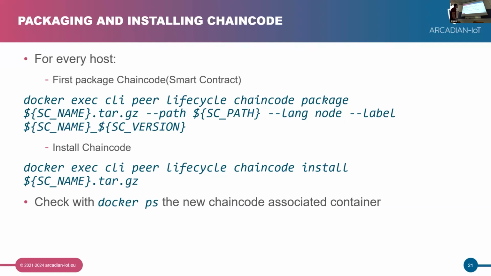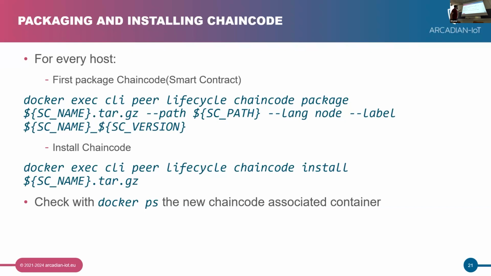Docker exec command line interface peer lifecycle chaincode package. The lang in this case is Node, because the smart contract is written in JavaScript, and the label is the identifier of the current chain code deployed.